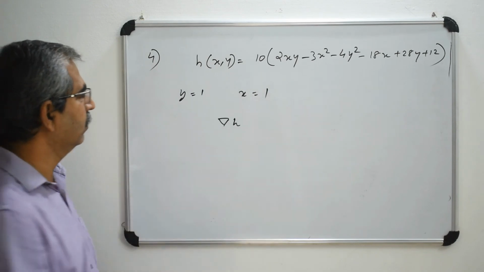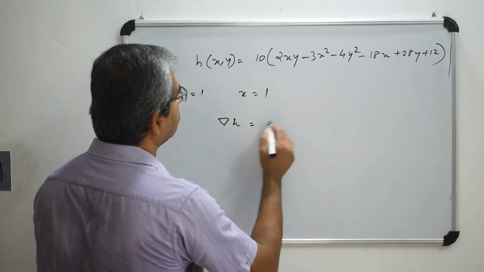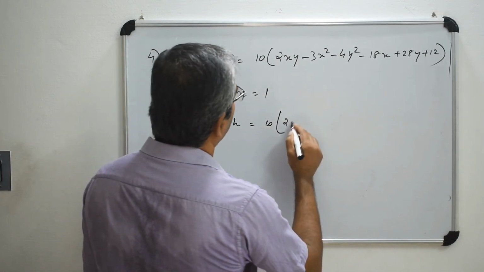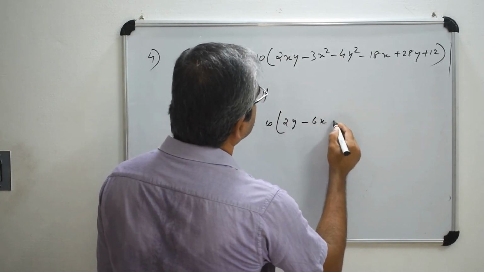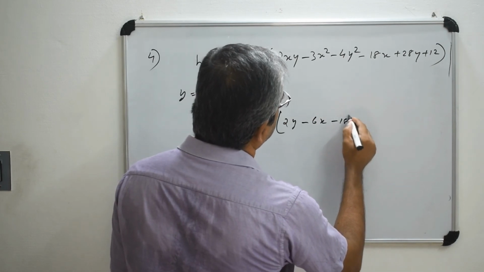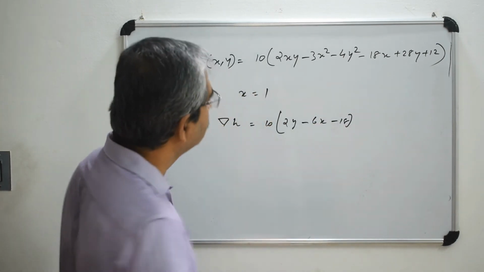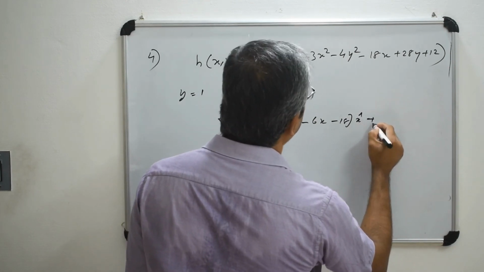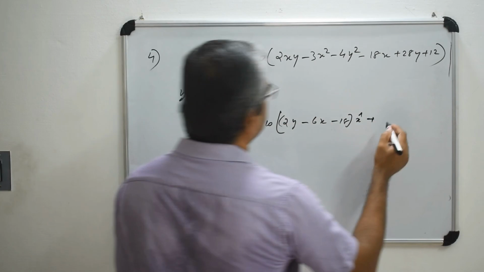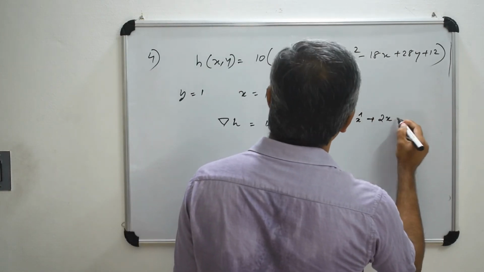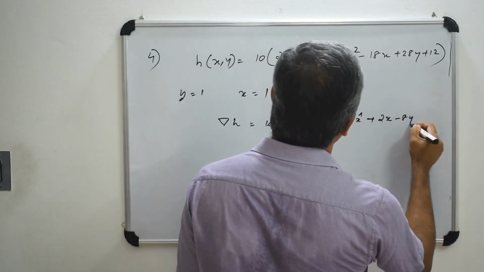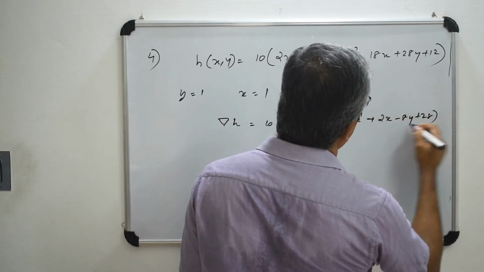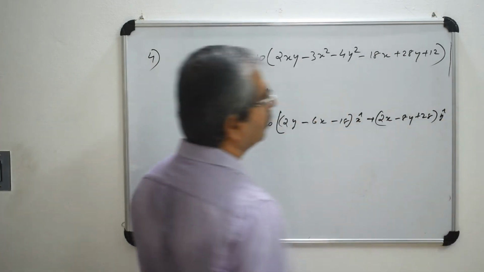Okay, I will erase that one. So what is del h? Del h is equal to 10 into 2y minus 6x minus 18 into x cap, then plus 2x minus 8y plus 28 into y cap. Okay.